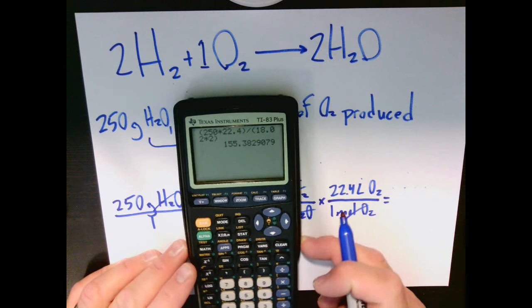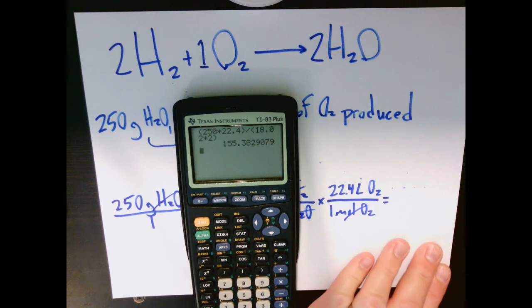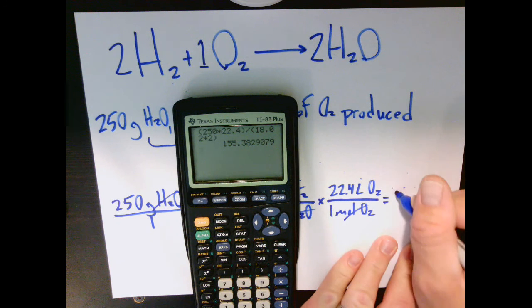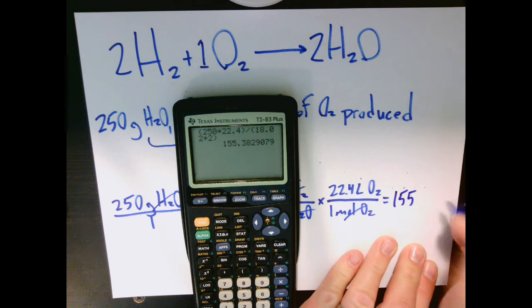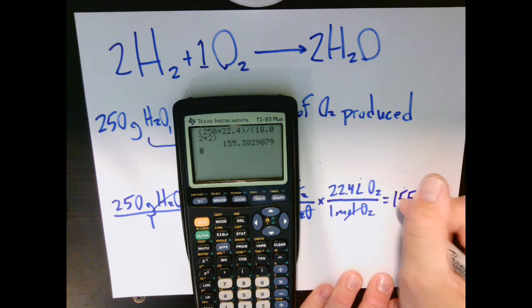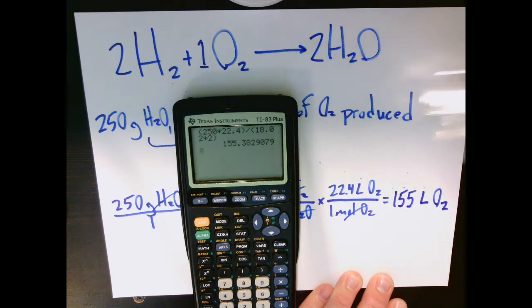Again, I'm going to round to 3 significant figures here. 155 liters of oxygen would be produced. So that's your answer.